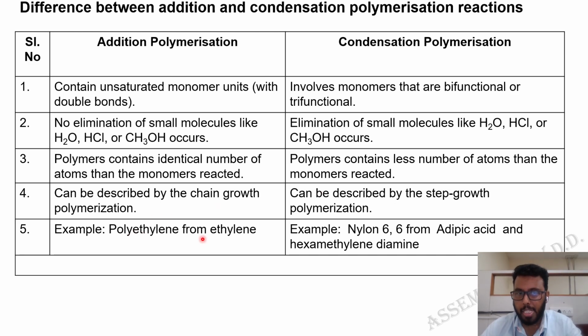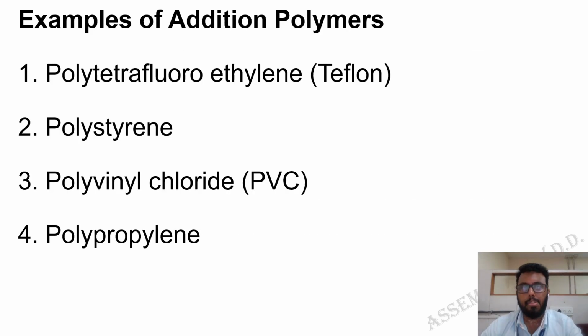Addition polymerization can be described as chain growth. Condensation can be described as step growth. The condensation can happen in one step or two steps or multiple steps, so condensation polymerization will be step growth polymerization. The example for addition polymerization would be polyethylene from ethylene, and for condensation, nylon 6,6 from adipic acid and hexamethylene diamine.